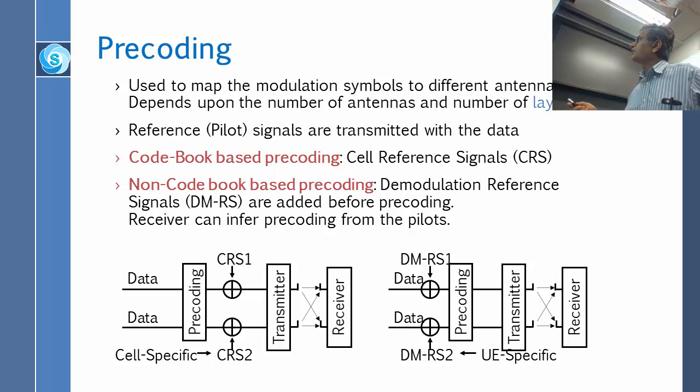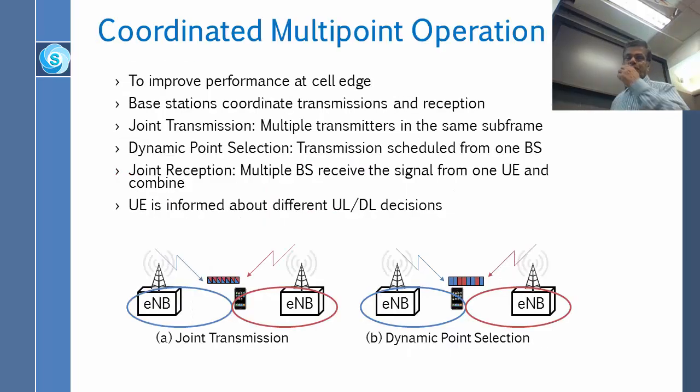This is the non-codebook based. At this point, all you have is the pilot signals, and you just somehow add the pilots, and you get whatever you need to do after that. Anyway, the key function here is to randomize the signal, either way.